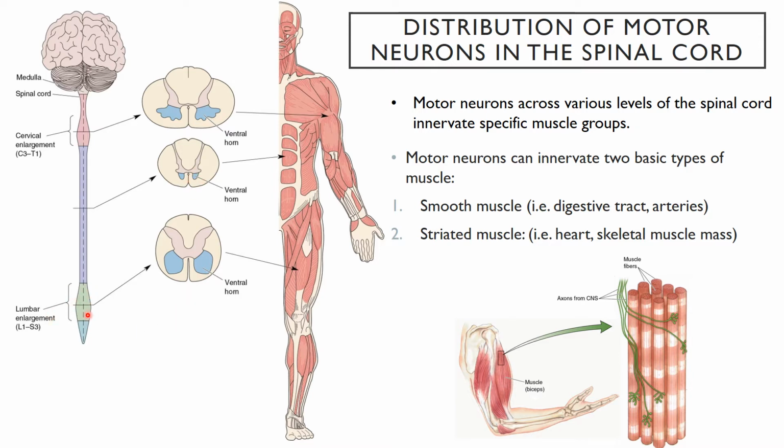Then when you get down into the lumbar portions of the spinal cord, again, we see another enlargement. You can see that in the lumbar portion and some parts of the sacral portion, the ventral horn is, again, very, very big. That's because those motor neurons have to innervate the muscles of the lower limbs and the legs.